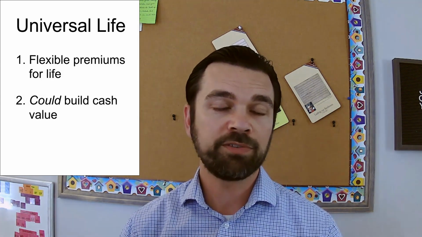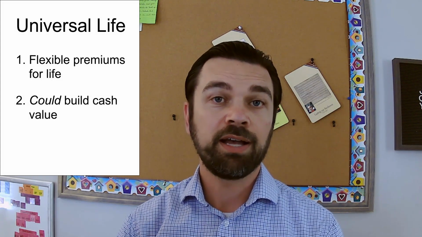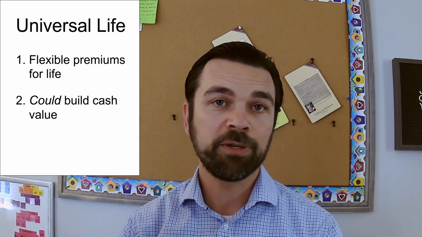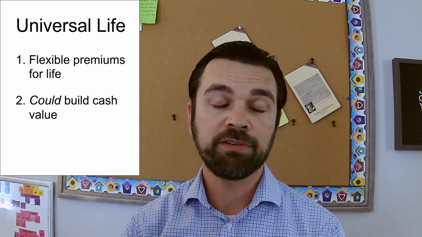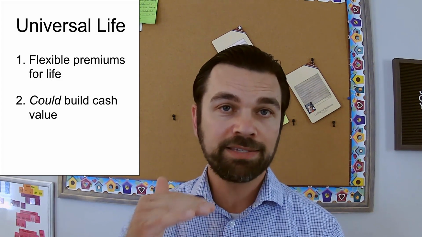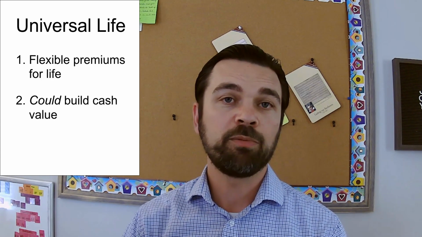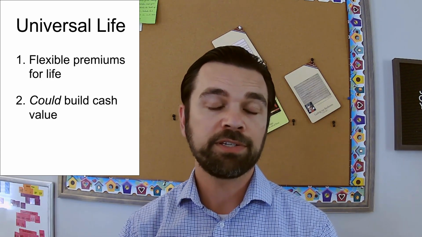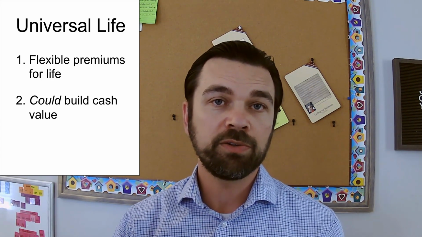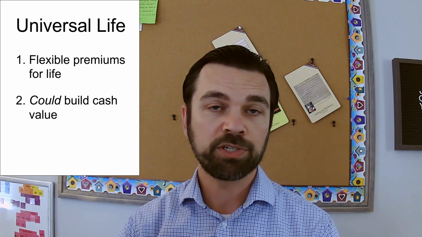So you'll have to talk to your insurance agent about that. A lot of them have a guaranteed minimum premium that's guaranteed to keep your policy in force. So if you pay at least this amount, then your policy is going to be with you for the rest of your life, and that's a contractual obligation that you can have the option for depending on the insurance company.